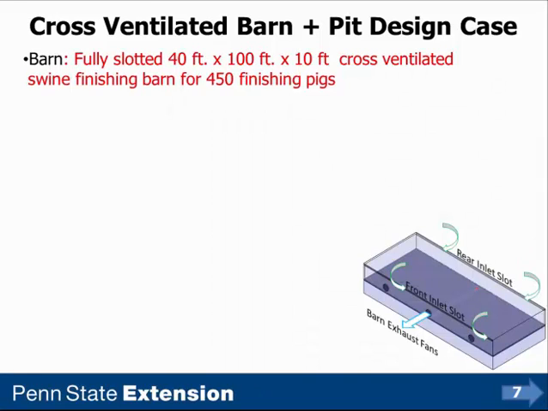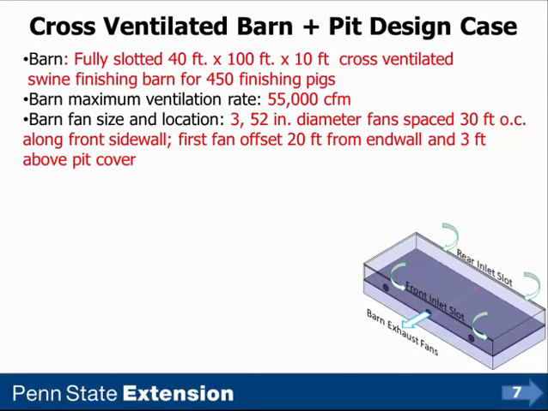The only difference between this one and the module 3 tunnel ventilated one is the type of barn ventilation. The barn is ventilated at the maximum ventilation rate, which is the hot weather rate for a fully stocked barn with 450 finishing pigs, which is approximately 55,000 CFM.